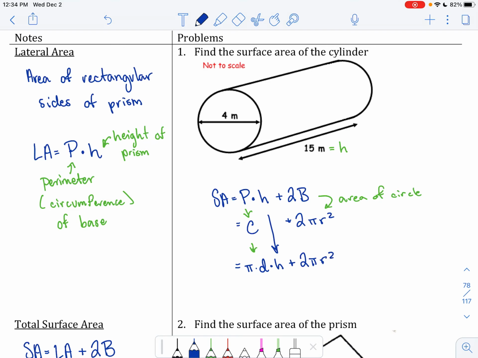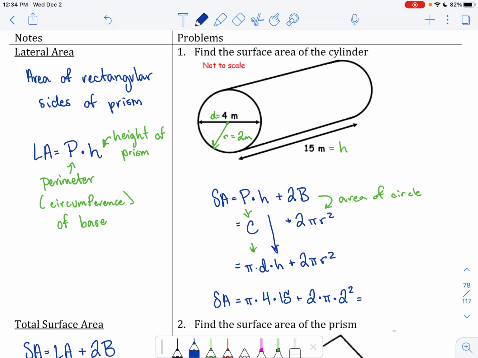So this is our actual formula that we will end up using for this particular cylinder. The surface area here is pi times the diameter, which is 4, times the height, 15, plus 2 times pi times radius squared. If you recall from our previous lesson, 4 is the distance all the way across, that's the diameter. The radius then is 2 meters, like so.